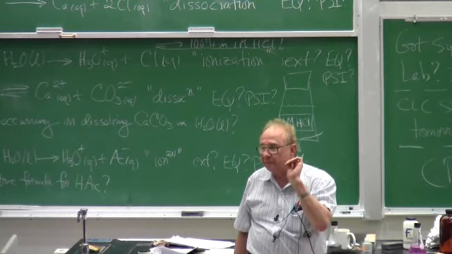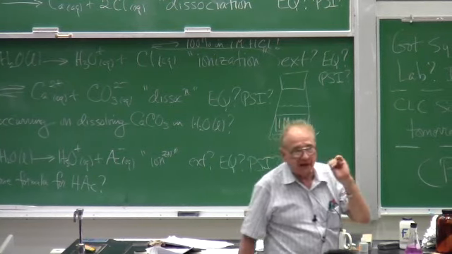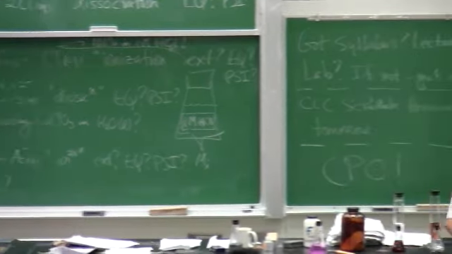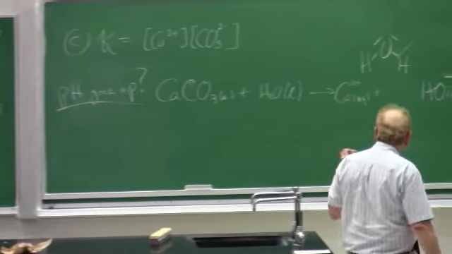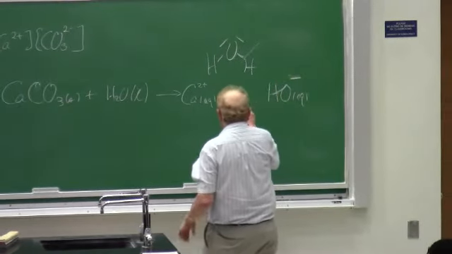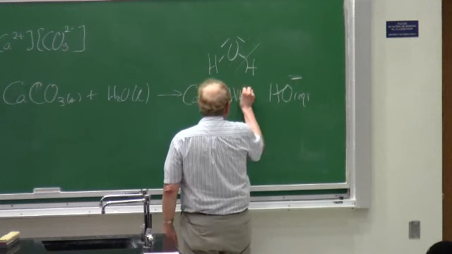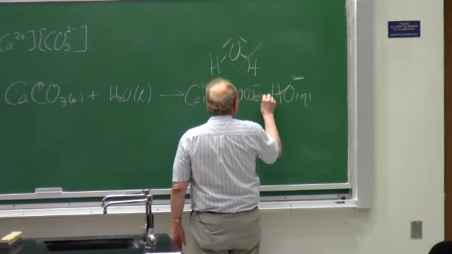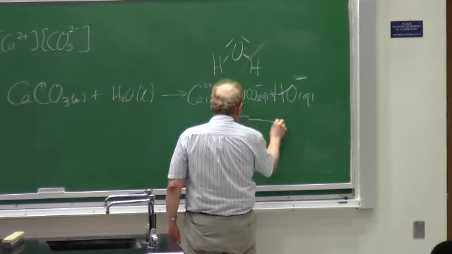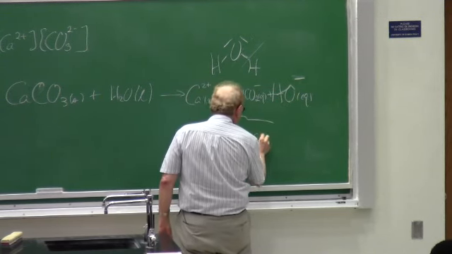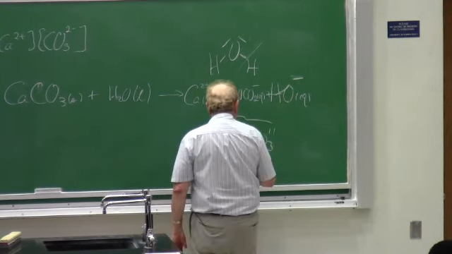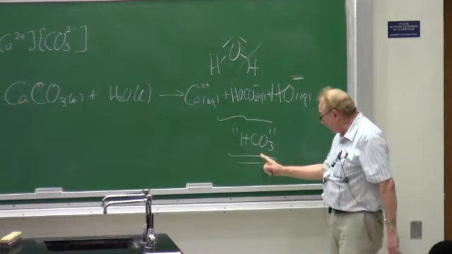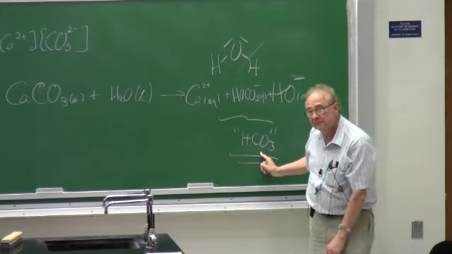Now, next question. What's the correct formula for hydrogen carbonate ion? Because that's the other part of this puzzle. Write that on your paper right now. The correct formula for hydrogen carbonate ion. There's the textbook formula.